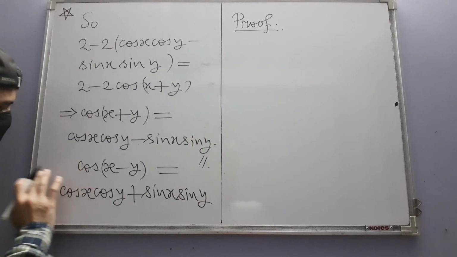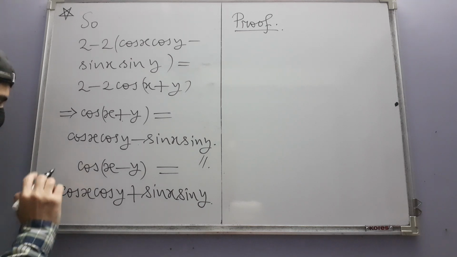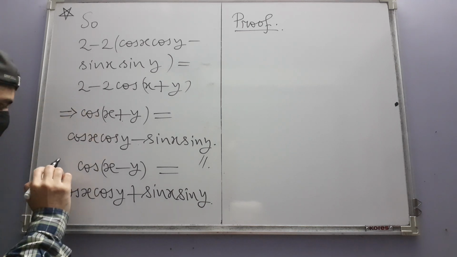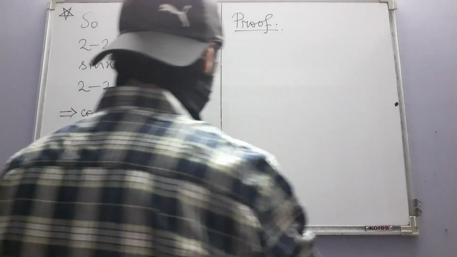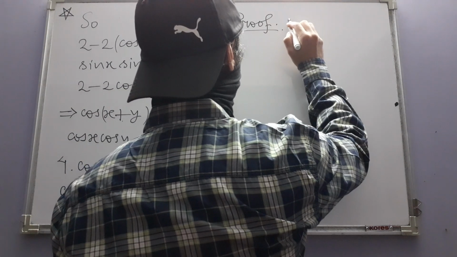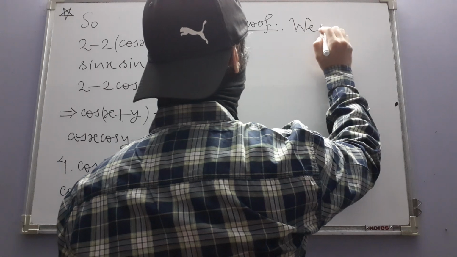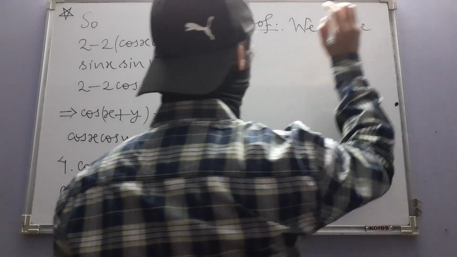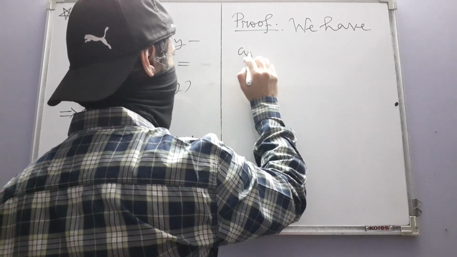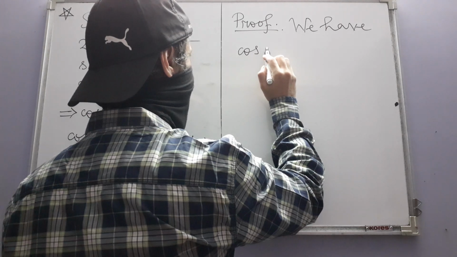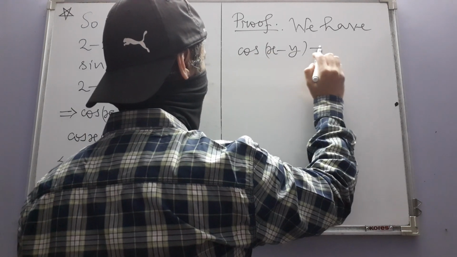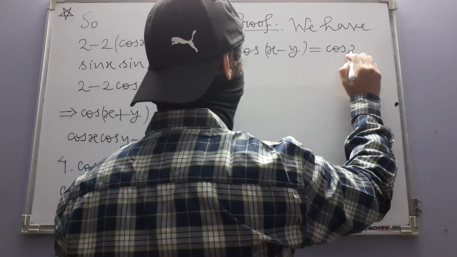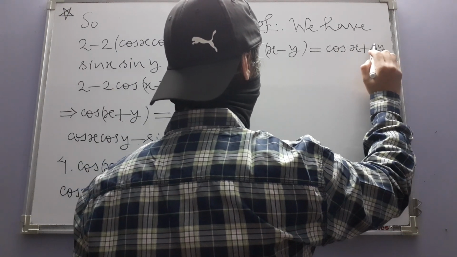This is not 2, because we started with those first two things. This is the third one, and this is 4. So let's use the third one. We have cos x minus y equal to cos of x plus minus y.